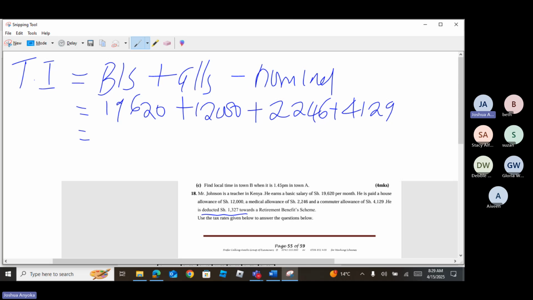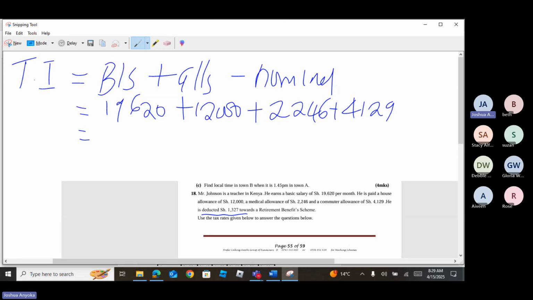If the employee is housed by the employer, taxable income will be equal to basic salary plus 15% of basic salary plus allowances less nominal rent. So in this case, we don't have nominal rent. It's not housed by the employer. So this is what we get.